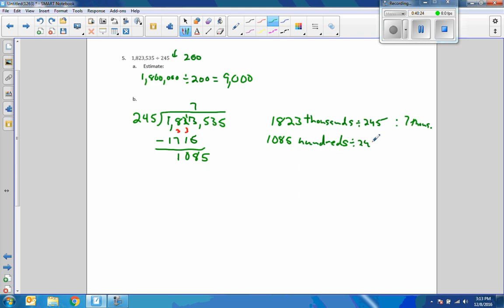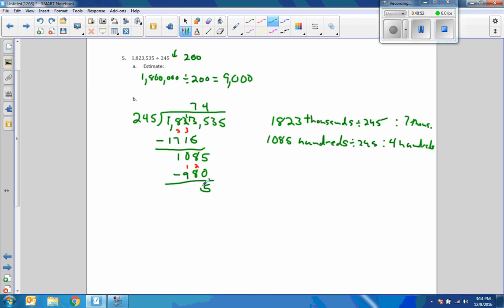Divided by 245 is going to be divisible 4 times. So that's going to give us 4 hundreds. So if I put a 4 here, 5 times 4 is 20. 0, 20. 4 times 4 is 16, plus 2 is 18. Carry that 1 over. 4 times 2 is 8, plus 1 is 9.